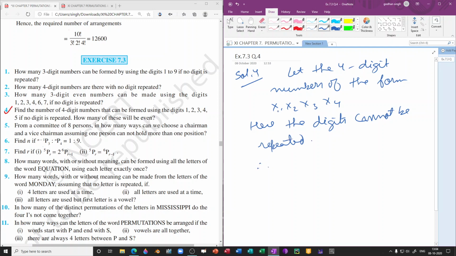Therefore x1 can be filled up. How many digits are there? There are 5 digits. So x1 can be filled up in 5 different ways.